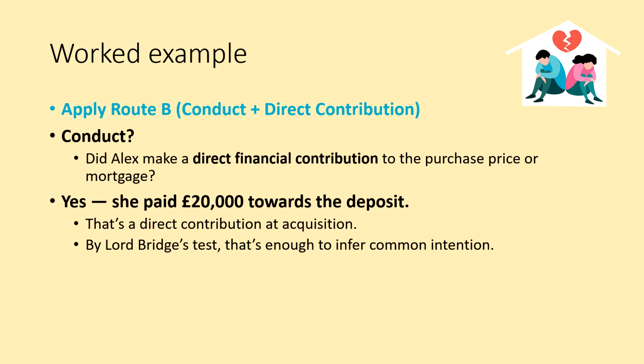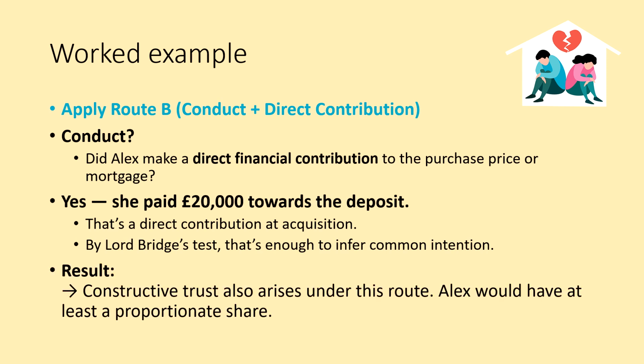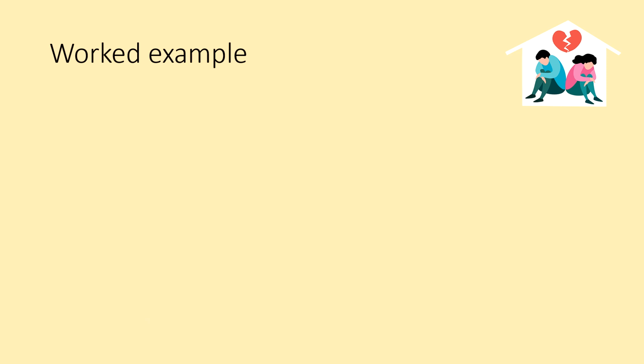So we can take from those contributions that there was always some kind of common intention that they would live there forever and make it their home. So also under the second route, we can see that Alex would probably get a little bit of protection.